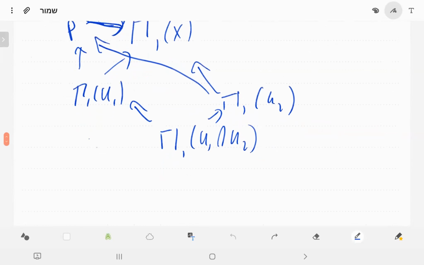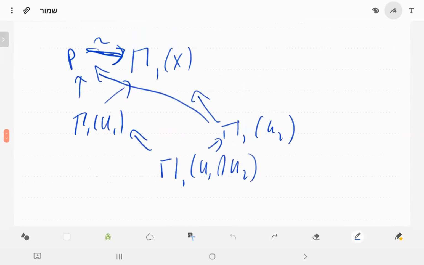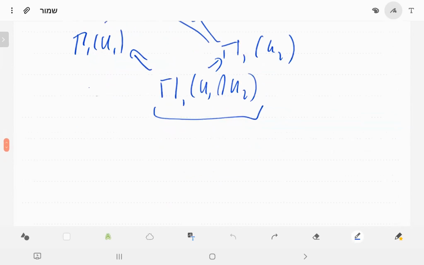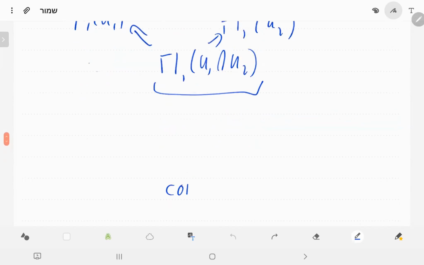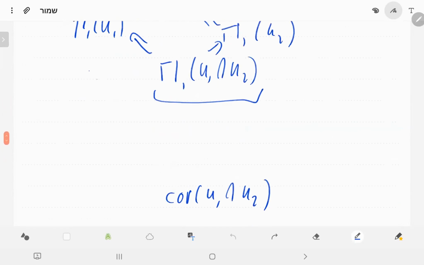So now apply to all this diagram functors from a category to sets, and use the homotopy lifting theorem. So each time we have pi1 of something, we will get the category of its coverings. So what will we get? Coverings of U1 intersection U2. So this is a contravariant functor or 2-functor.